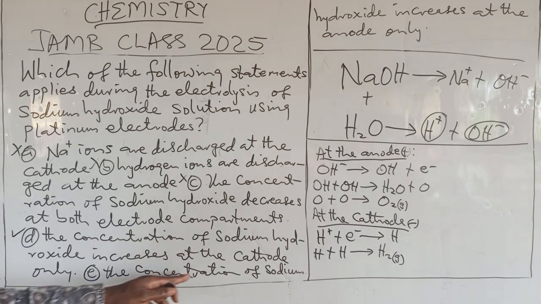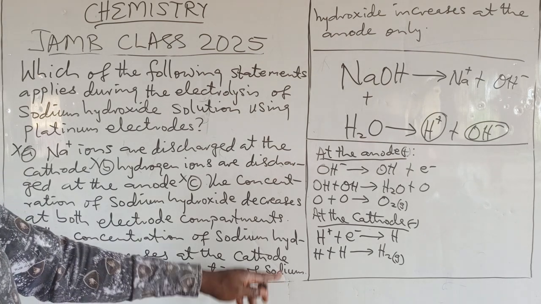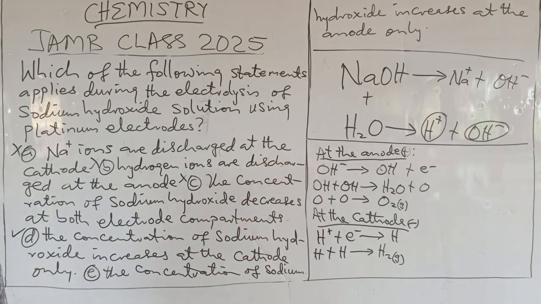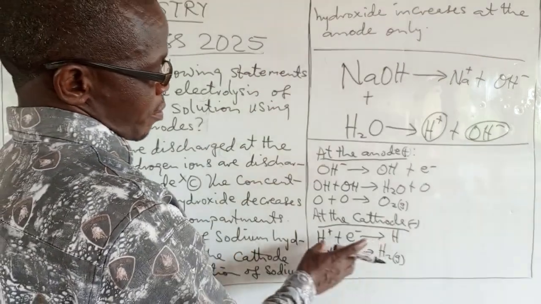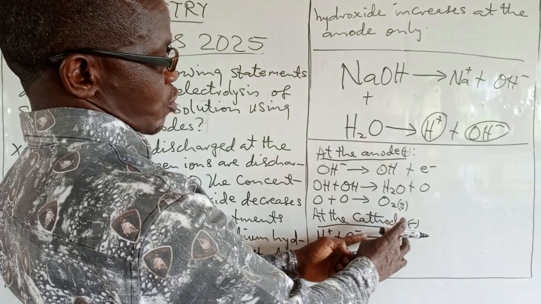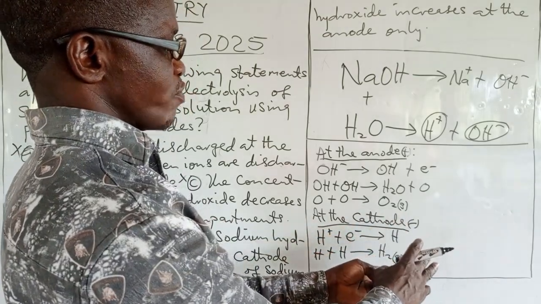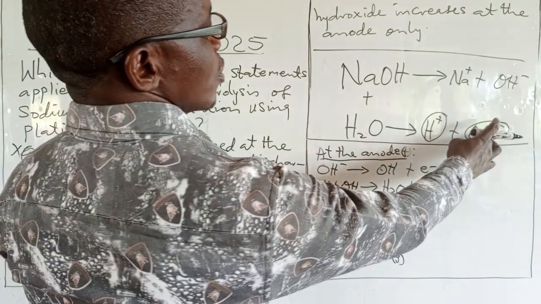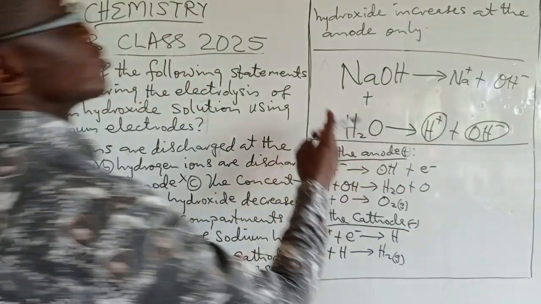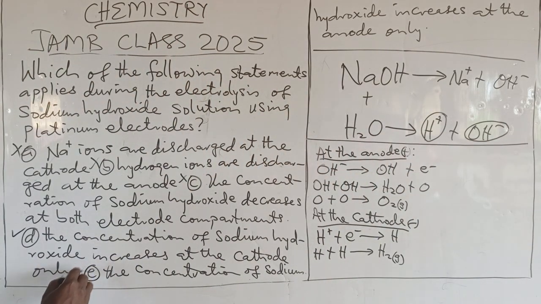E, the concentration of sodium hydroxide increases at the anode only. Remember, the Na moved to the cathode, so that's the area you have plenty of it, while OH moved to the anode, so that one is not correct either. So the correct option is D. The concentration of sodium hydroxide increases at the cathode.